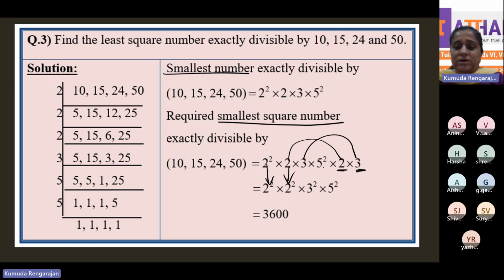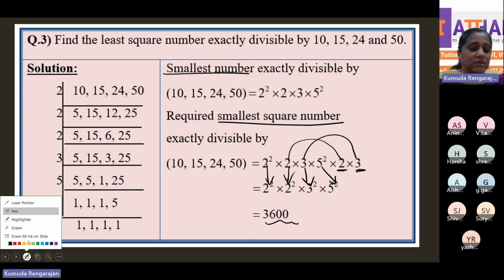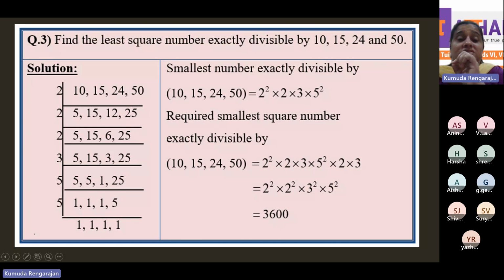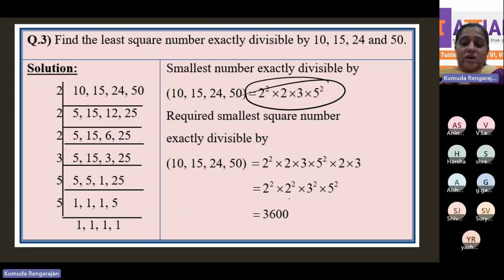This 3 and this 3 becomes 3 square and 5 square. And the product is 3600. So 3600 is the smallest square number, exactly divisible by 10, 15, 24, and 50.